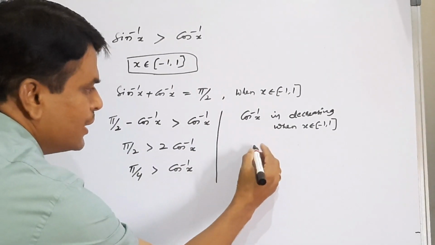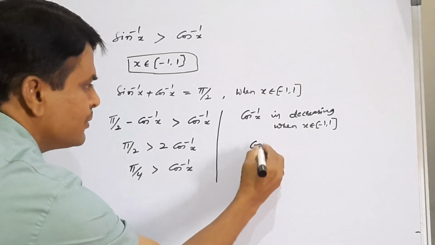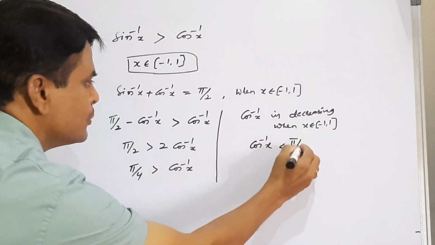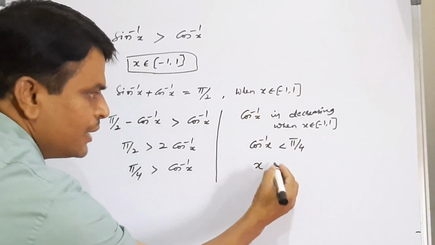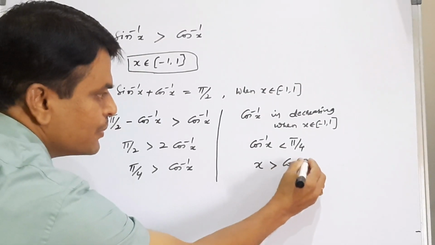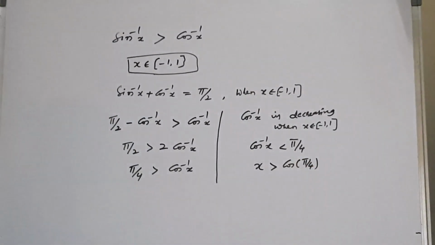So we can write directly, here we are having cos inverse x is less than pi by 4. So for the function value, when I want to write x, x is greater than cos of pi by 4, the inequality will change here since it is a decreasing function.